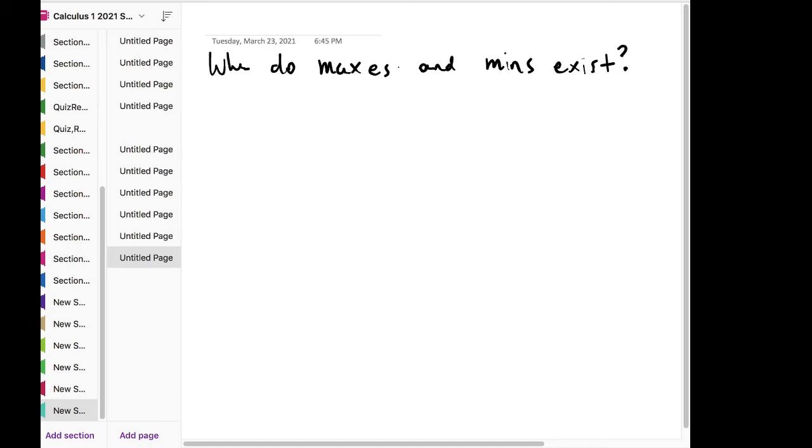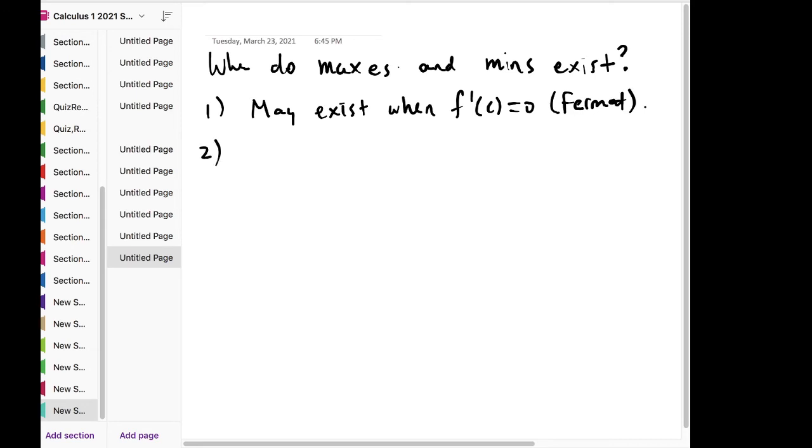So they may exist when the derivative is 0. That was Fermat's theorem. In relation to the derivative, is there another place where a maximum or minimum may exist?